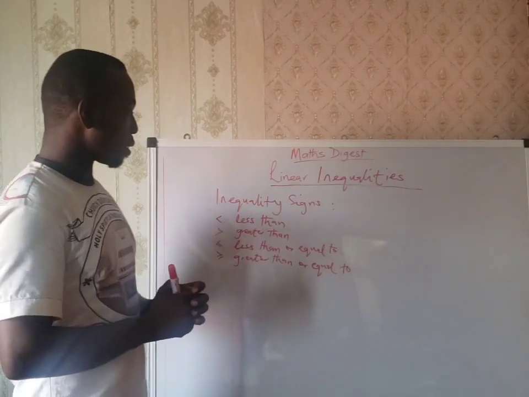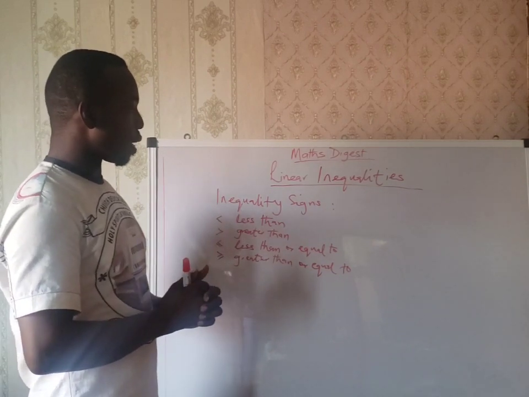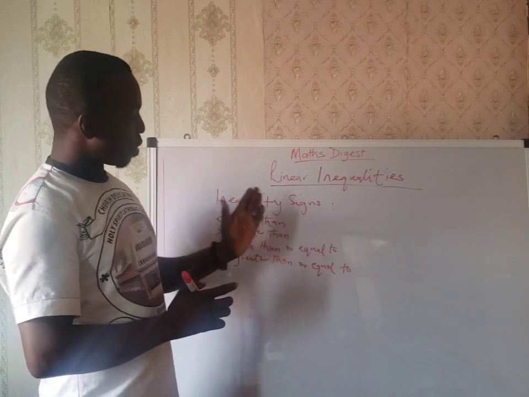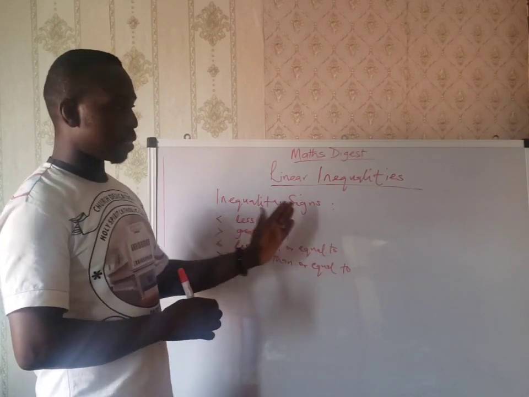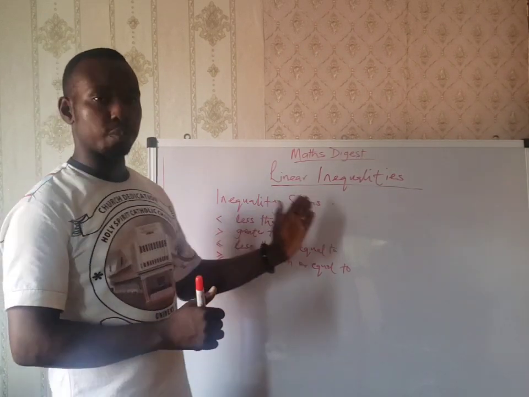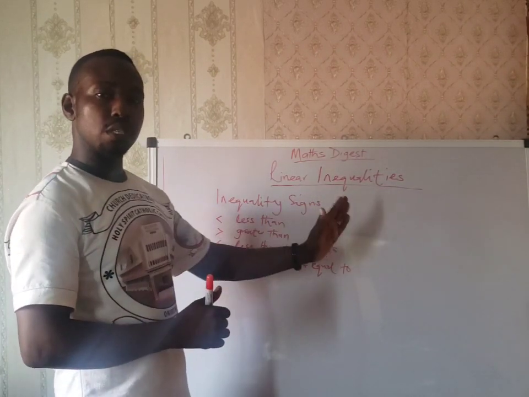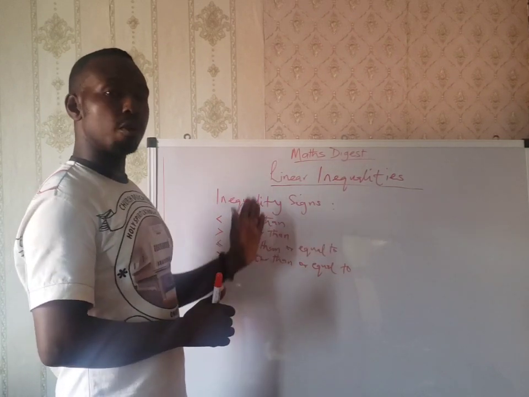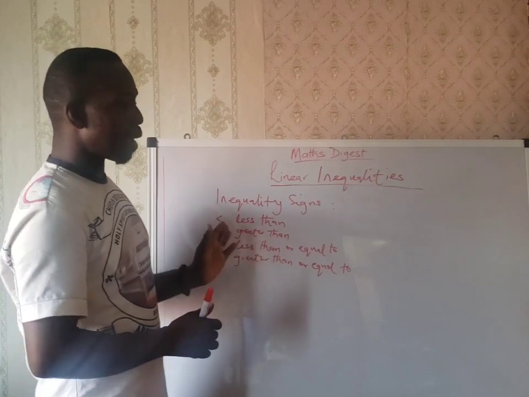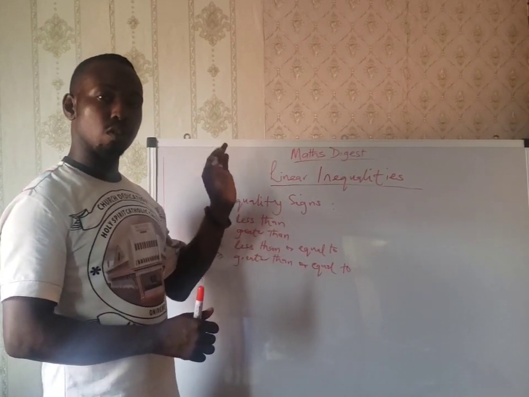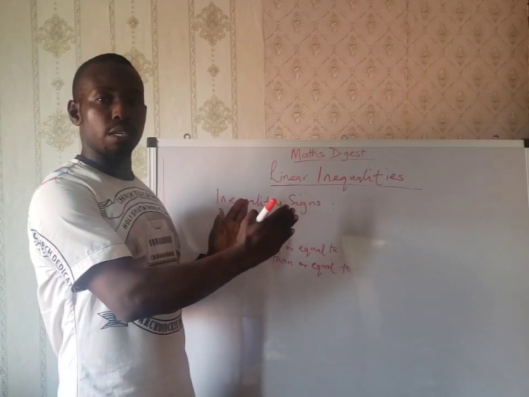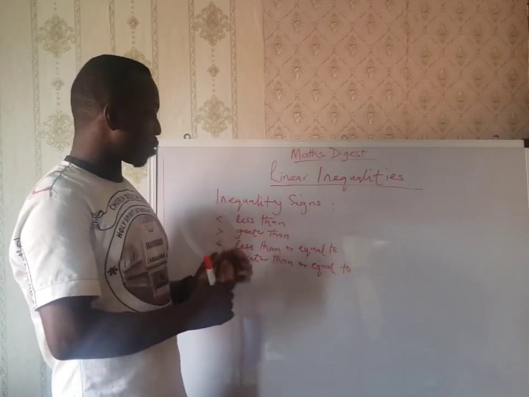If you want to solve linear inequalities, you can add any number on both sides of the inequality, and you can equally subtract any positive number from both sides. You can multiply or divide any positive number from both sides of the inequality expression.